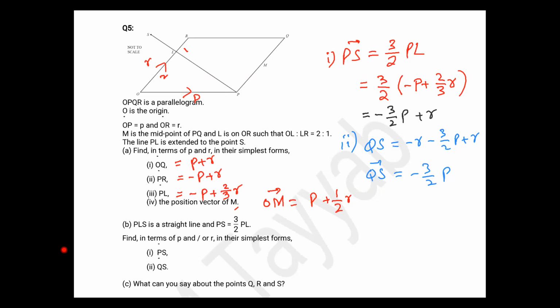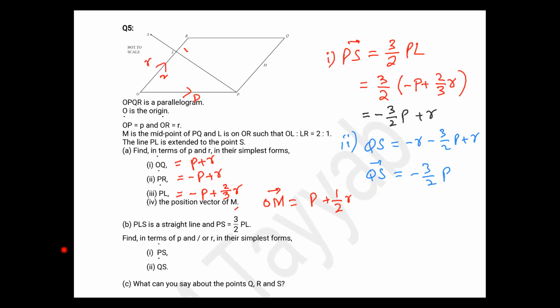See, I had you write some statements which we were summarizing originally when we did the topic. So I told you that if two vectors are parallel, then one vector is k times another vector.